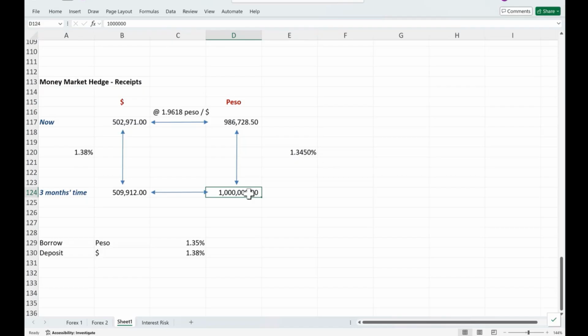So when the money is received, we pay off our loan, and whatever funds we deposited, we withdraw. What is my effective exchange rate? Same. So we lock our exchange rate at this amount, and we don't need to worry. This is the money market hedge for a receipt.